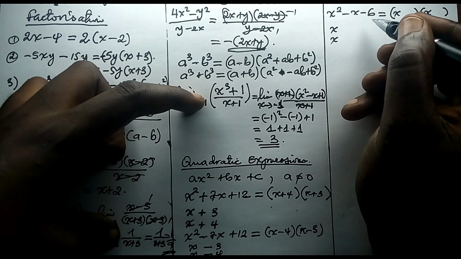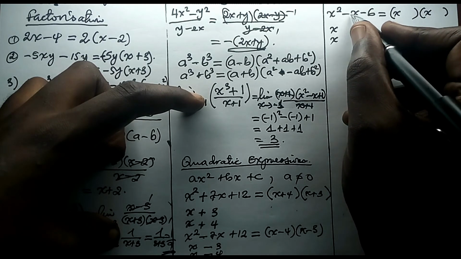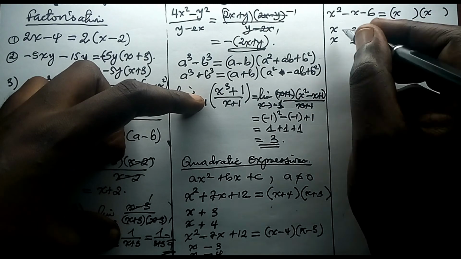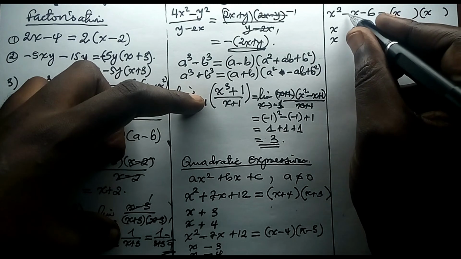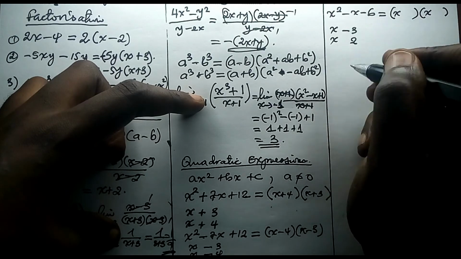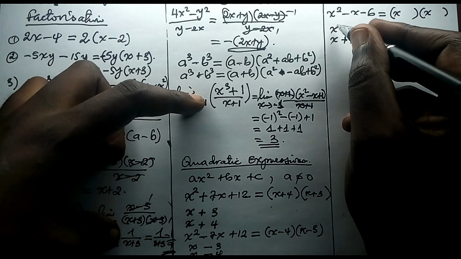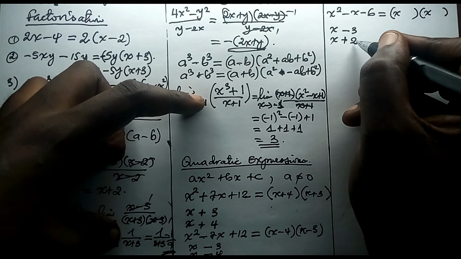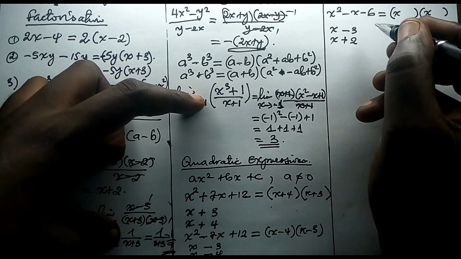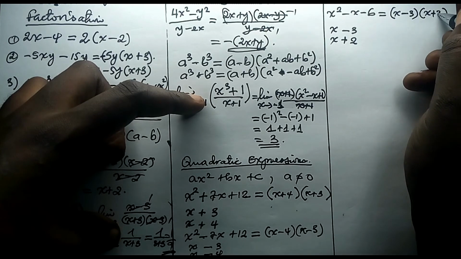And 3 and 2 can give me a difference of negative 1 in the middle. So if I put 3 here and 2 here, for me to cross and have a negative sign when I add, I will need the bigger of the two to be negative and the smaller one positive. So if I cross now, x times positive 2 plus x times negative 3, I will get negative x in the middle, and that means the factors are x minus 3 and x plus 2.